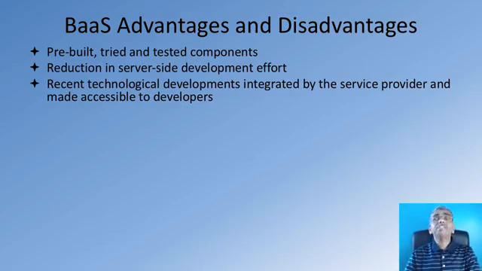Of course, everything comes with the flip side of the coin. So let's examine what are some of the downsides of going with a backend as a service. First and foremost, most backends operate as a black box. You don't know exactly how the backend is implemented.